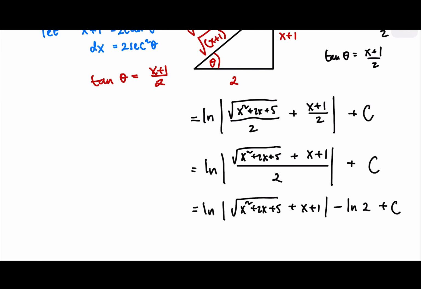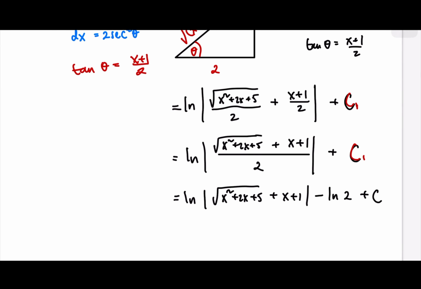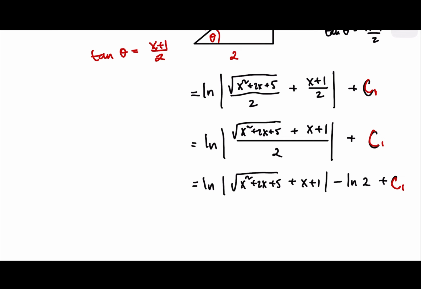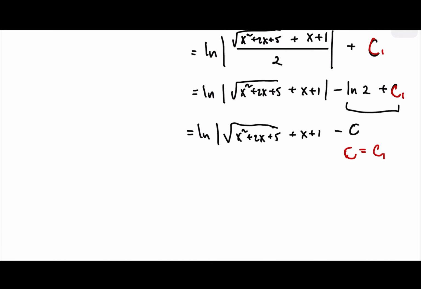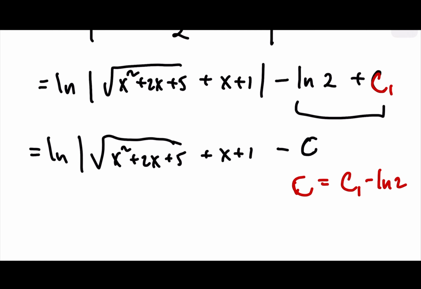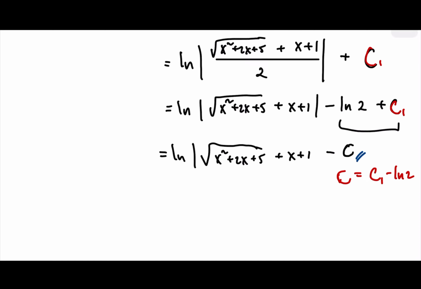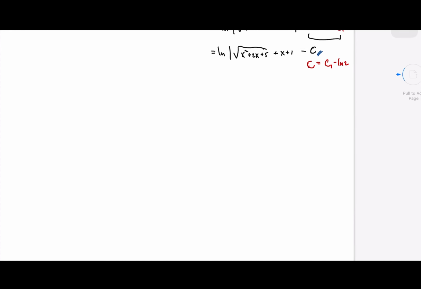Now if we let this still be c1, we can exchange this with c, where the c is c1 minus ln 2. So that's why the constant is really powerful. It's really important, so don't forget to write down the constant whenever you integrate some integrals.